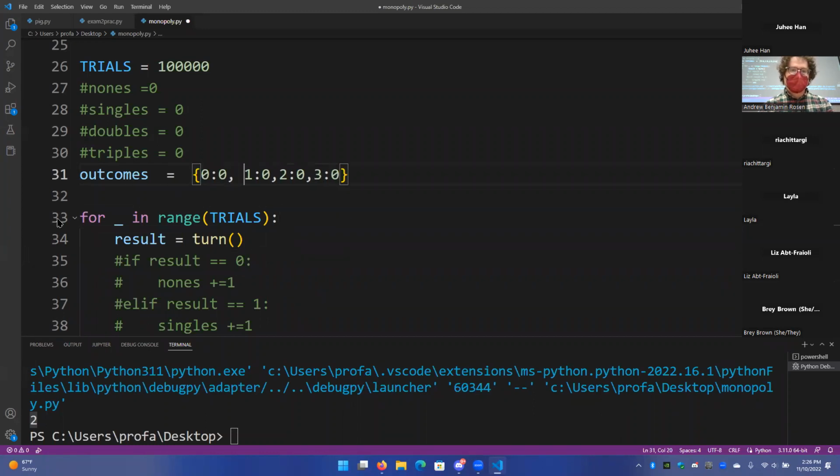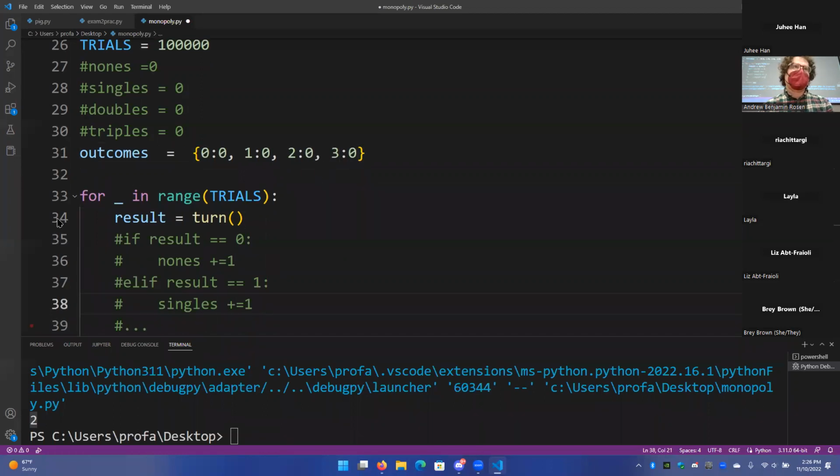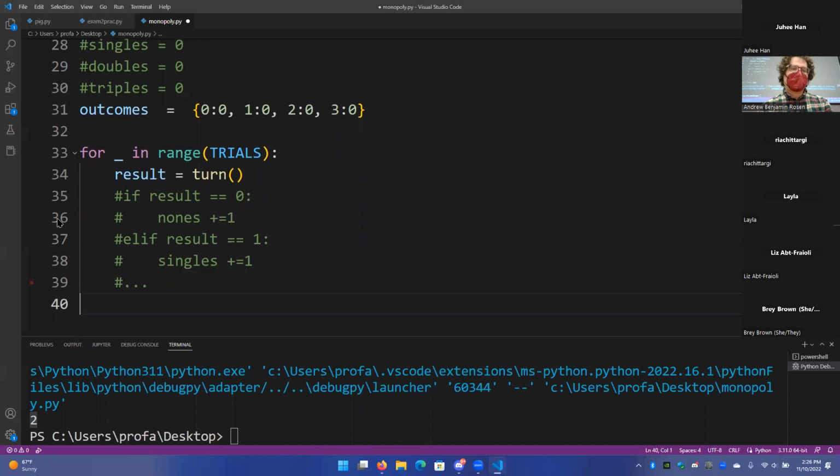So I've seen 0, 0 times, 1, 0 times, 2, 0 times, and 3, 0 times. Pre-populating it, I could just simply add it on the fly, but doing it this way ensures that everything's sorted. Yeah, I could totally do it that way.